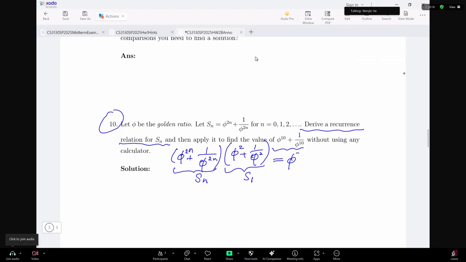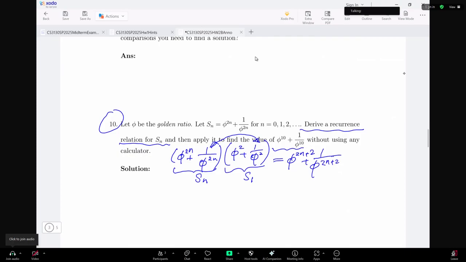Phi to the 2n plus 2, right? One term like that. Then another term, because in the multiplication of these two fractions we have 1 over phi to the 2n plus 2, right?